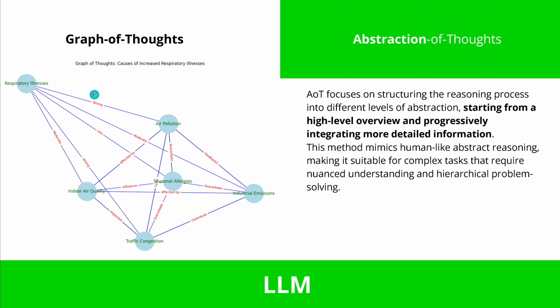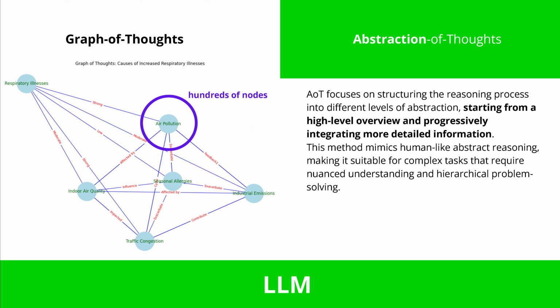And you see on the edges, taking, for example, a scientific publication on this topic, it identifies, for example, here's a strong relation, this is a low relation, this is affected by. So you see, this is a very simple way how we can build a graph of thoughts if we have a given system.